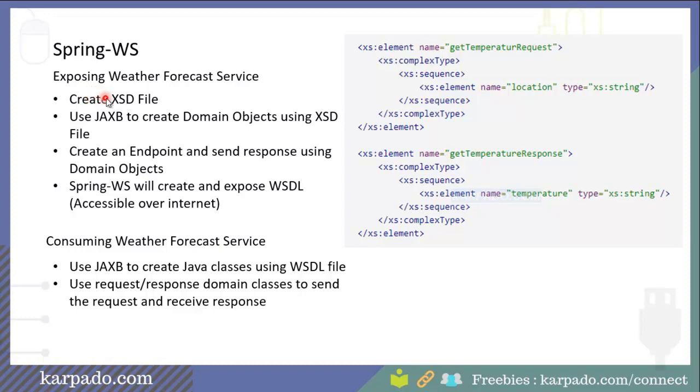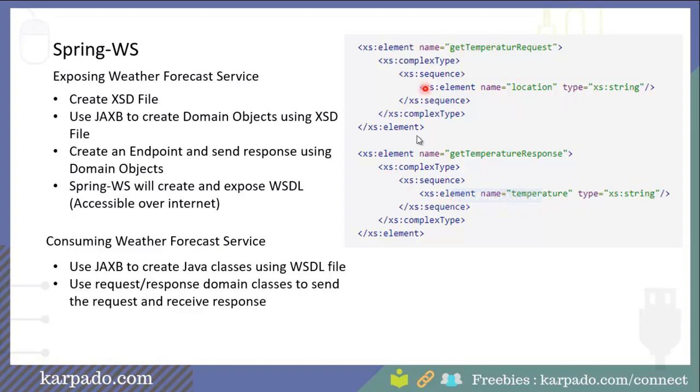You would first create a so-called XSD file, and it looks something like this, and this would define the information about the parameters expected, the expected return value, etc. So you have this getTemperatureRequest, for instance, and you're expecting to receive location as a parameter to the remote method, which is of type string. And similarly, you're going to send back the response, which is the temperature in the form of a string.